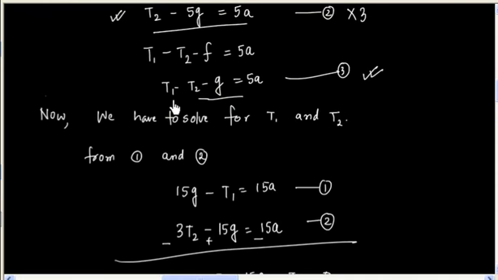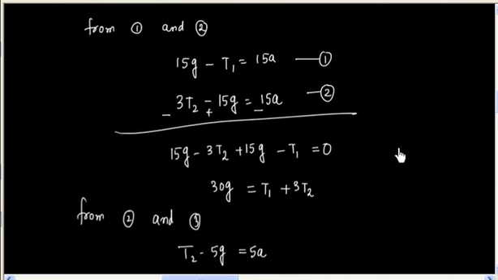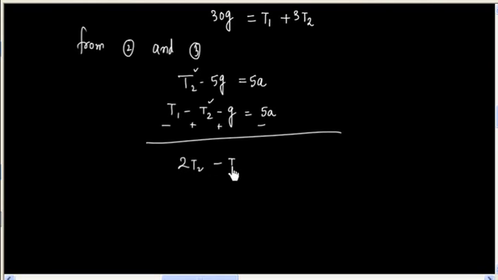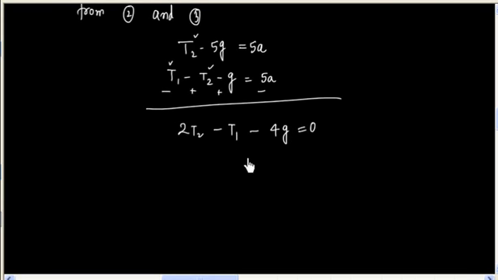So this is equation 3. Now let us subtract these two equations. So finally I will have 2T2 minus T1 minus 4g equal to 0.